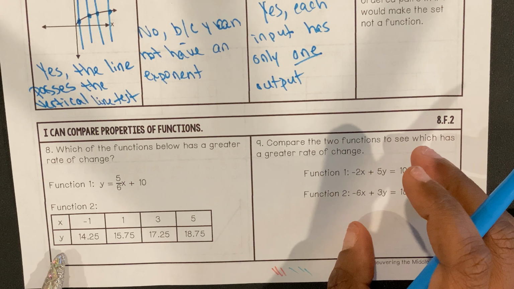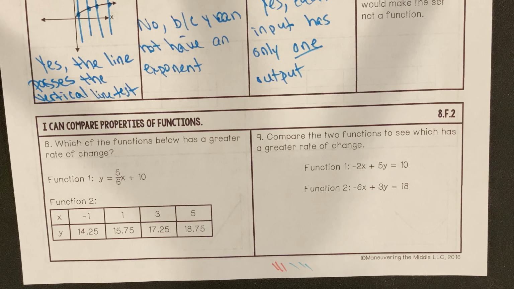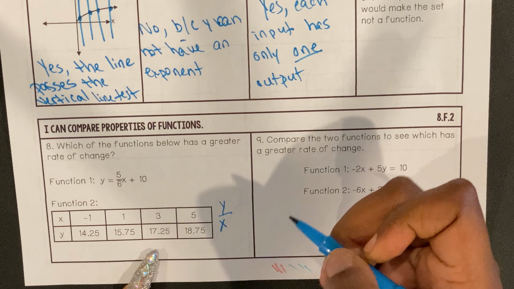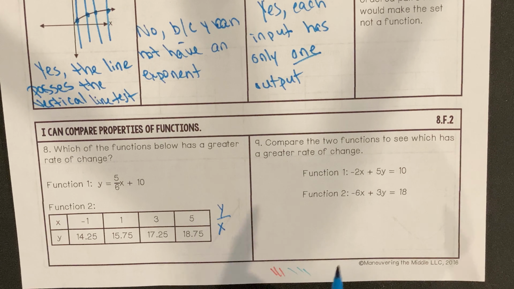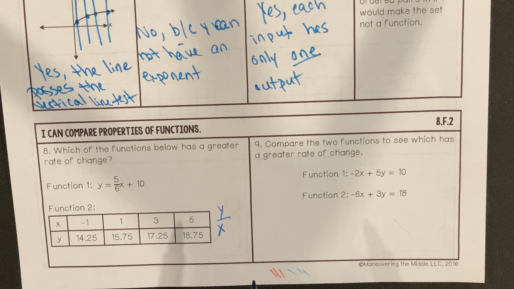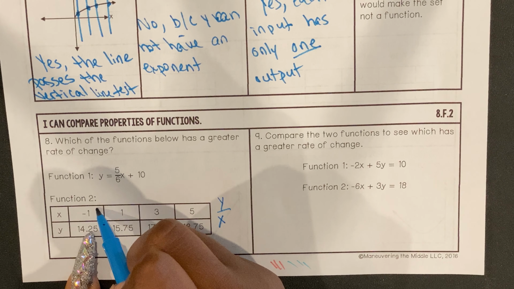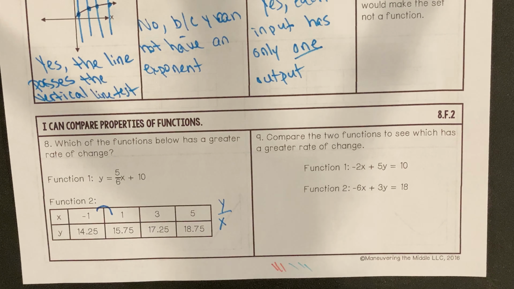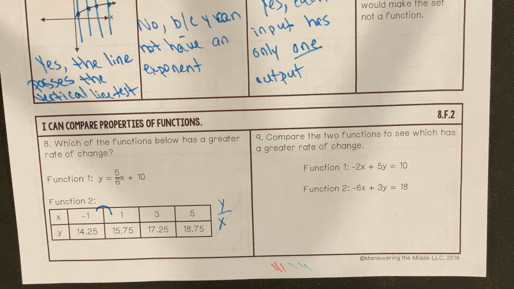Well, let's do the quickest way, which is y divided by x, assuming there is a constant rate of change. Now, we don't know if there's a constant rate of change yet. So if I go from -1 to +1 on a number line, let's see how far I've gone.